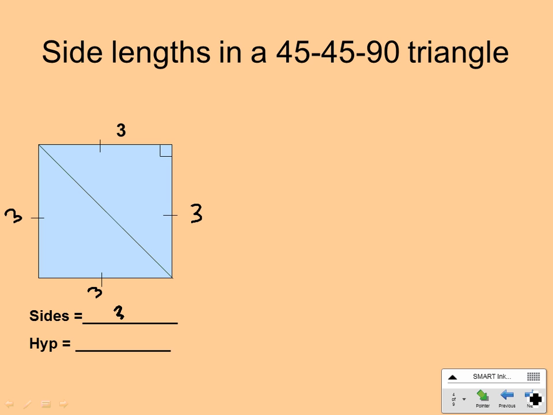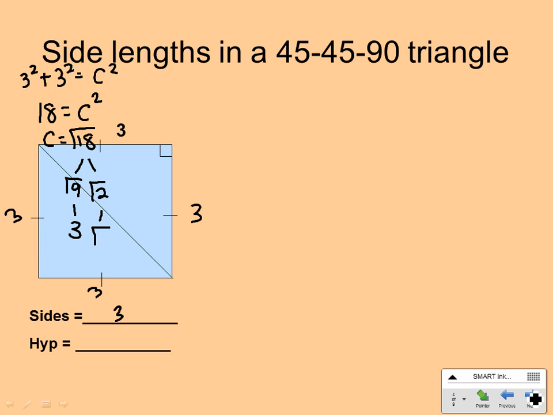I know the sides are 3, because that's given. Pythagorean theorem. So 3 squared plus 3 squared is equal to c squared. What is that? 18, because that's 9 plus 9. Simplify this down. So we have 3 radical 2.